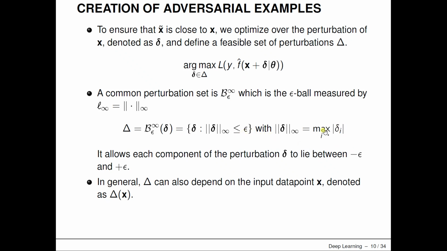As you can see in this formula, we are basically saying that each element of our delta should be less than epsilon here. We also can decide on the possible perturbations depending on the input x we are using as the original input.